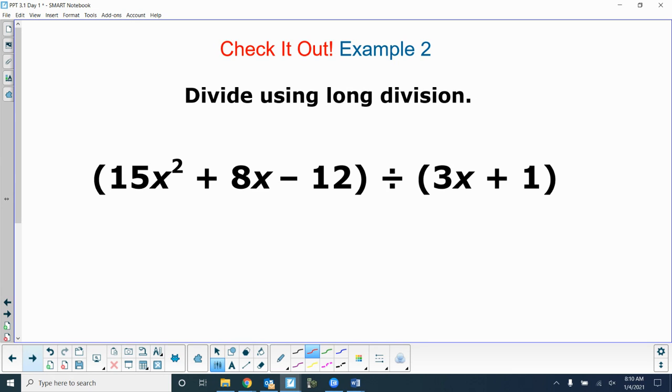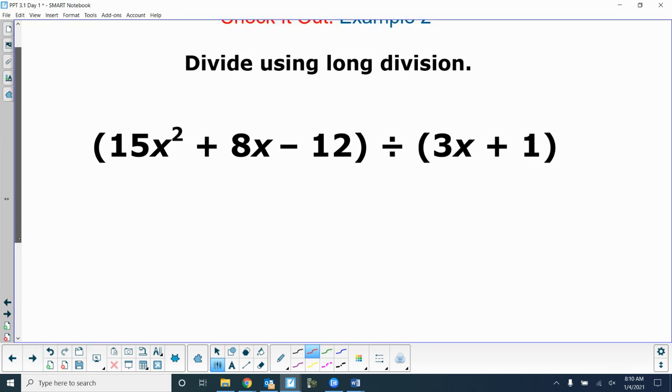You guys ready to go over this one? All right, do I need to add any zeros to this one?